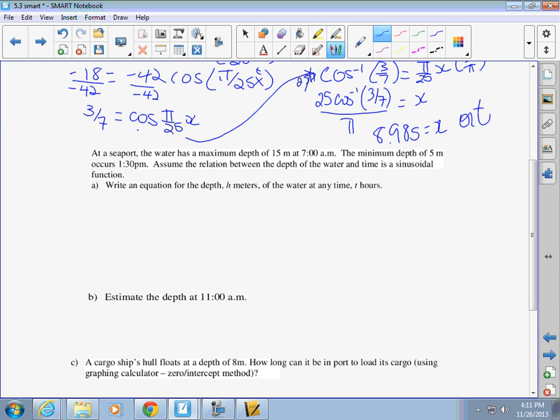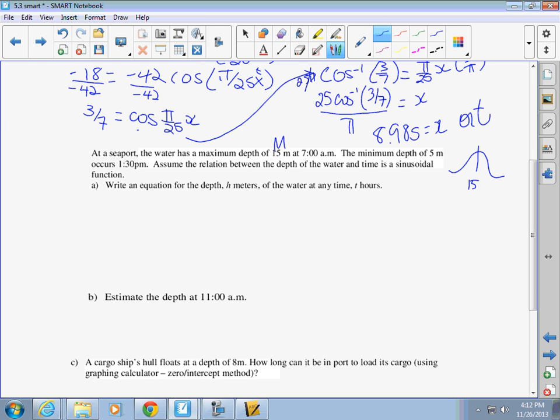Okay. So what we need to think about first is, if we know this is a sinusoidal function, it's going to go like that. So you've got to think about what information they are giving you. We know our maximum occurs at 15 meters. So if we were to do this on a graph, this point here would be at 15 meters.